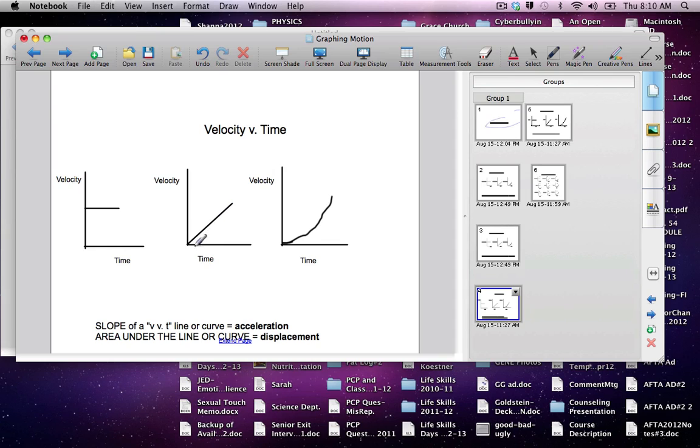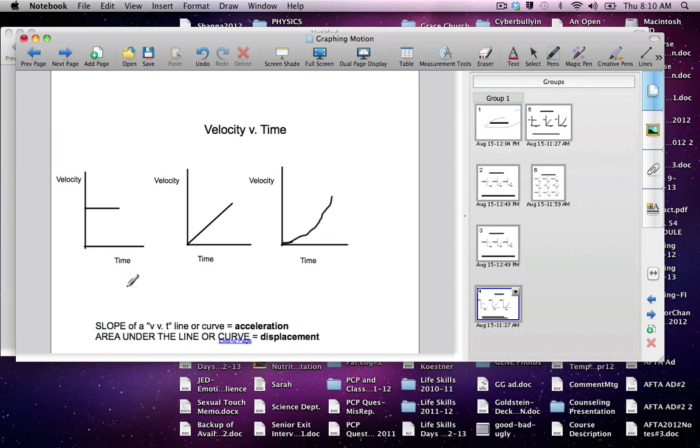Let's go back down again. The slope of a velocity versus time line or curve is the acceleration. If you remember what slope is, delta y over delta x, change in velocity over change in time, that's been our definition of acceleration.